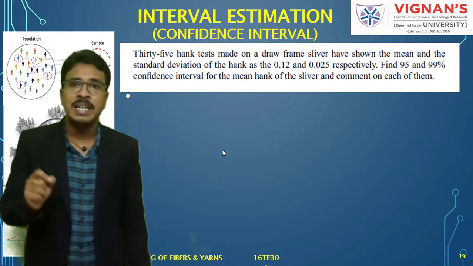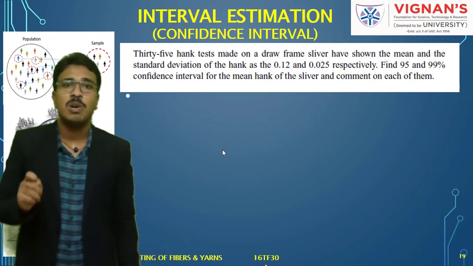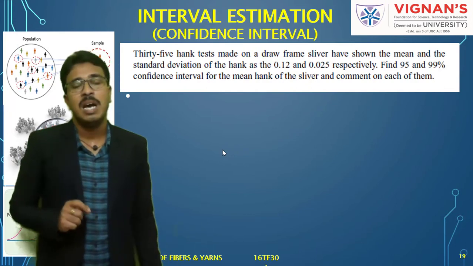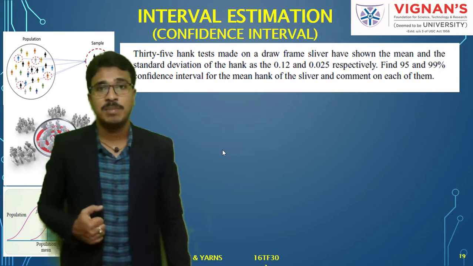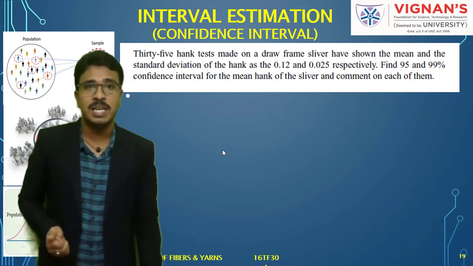Find 99% and 95% confidence interval for the mean hank of sliver and comment on each of them. Now try to understand the problem. I'll just read out once again.